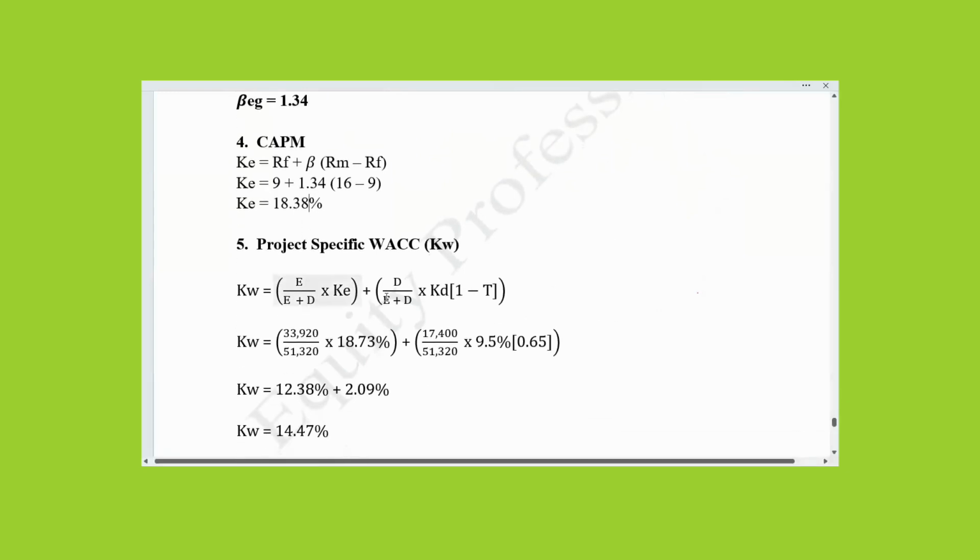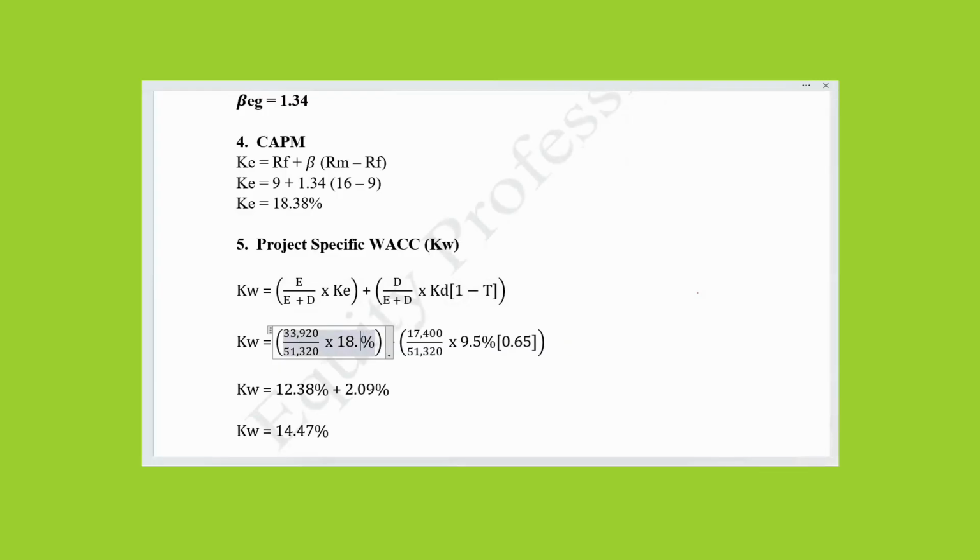Then we calculate the project-specific WACC. Again, there's no need for you to be writing out the formula. It's a waste of time. You've written it before. The only thing that will change is your cost of equity, which is 18.38%. The right side will not change. So what do you have from the left? 12.43%.